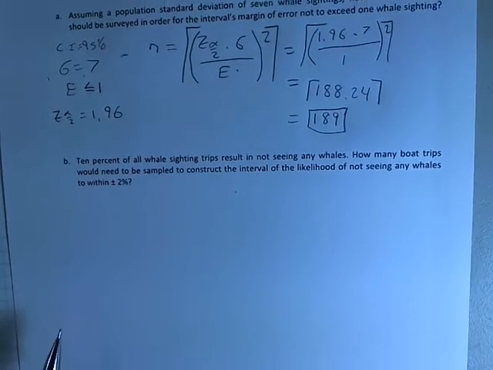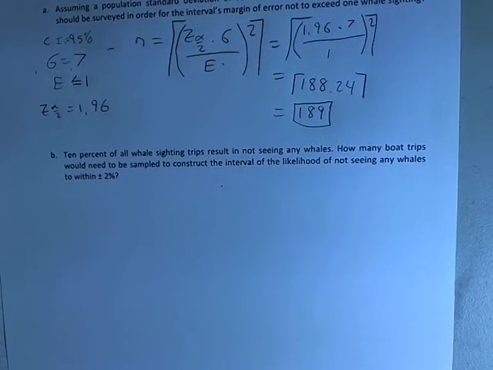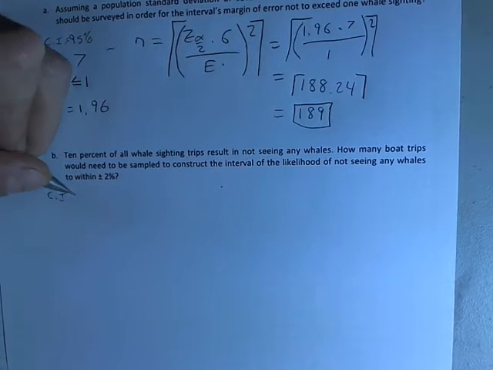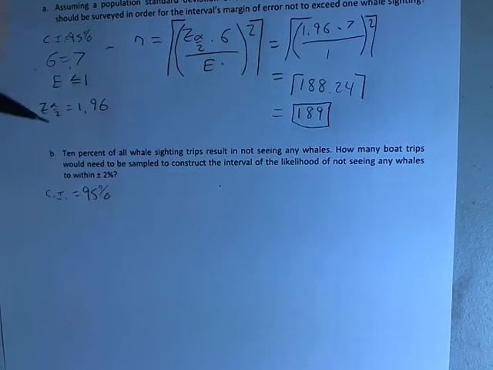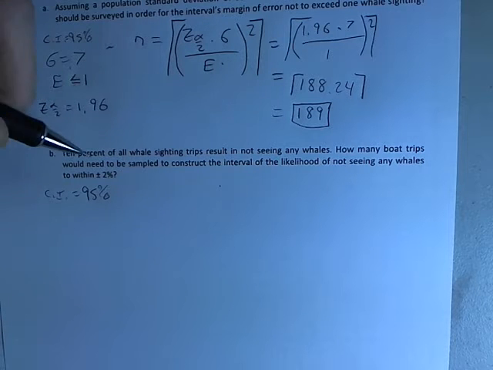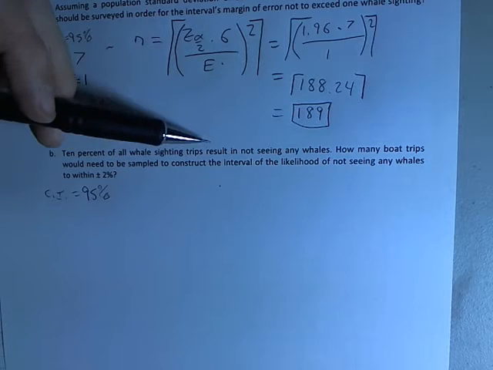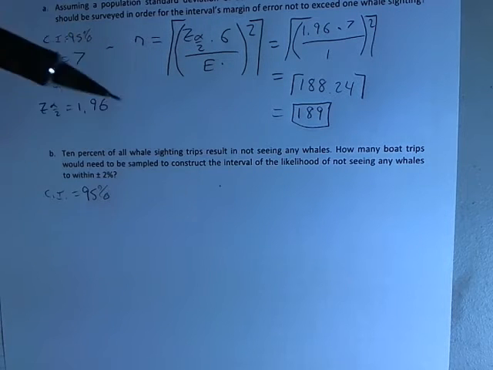Alright, good work. Let's look at part B here, and let's look at a proportion version of this problem. So confidence interval still going to be 95%, as we're told up top. And now we're told that 10% of all whale sighting trips result in not seeing any whales.